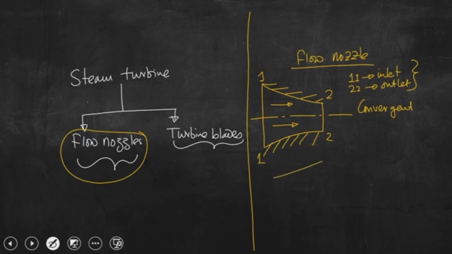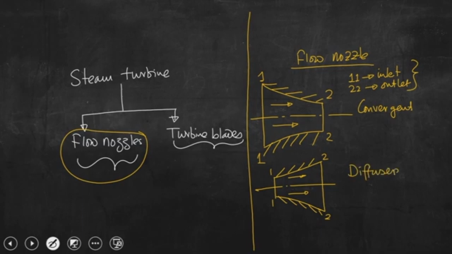So, we may have a divergent type. This is the flow direction. This is just opposite to the flow configuration that we have seen in the previous case.